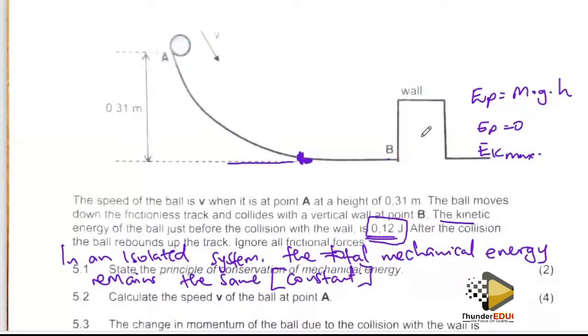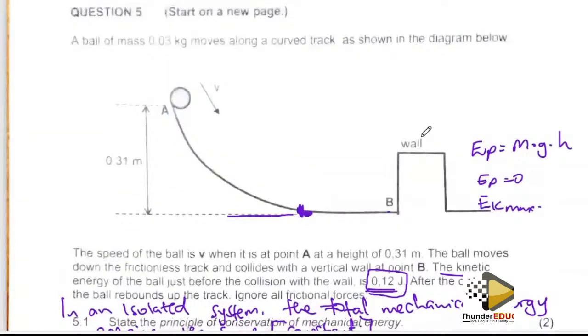Let's see. Okay, so it means my energy at this point is just 0.12 joules. And then at A, there's mechanical energy. There is some bit of EP, and then there's some bit of EK. So when I combine these two, they must be able to give me the 0.12 joules.